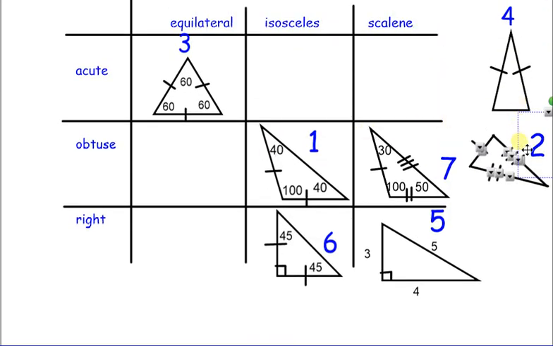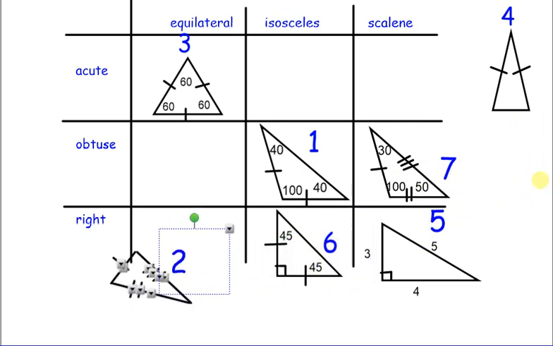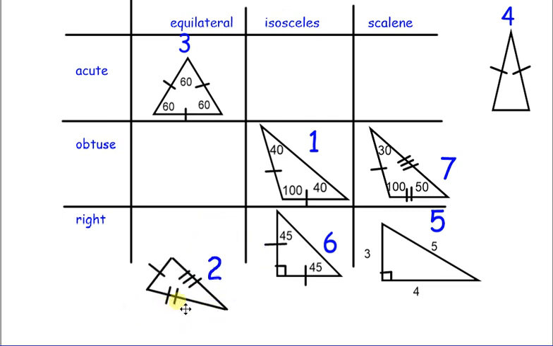Okay, so, oops. Oh no, I took him apart. All right, so this number 2 guy over here, he's fallen apart. None of the sides on number 2 are congruent because this has 1 tick mark, this has 2, and this has 3. So that's definitely going to be scalene.